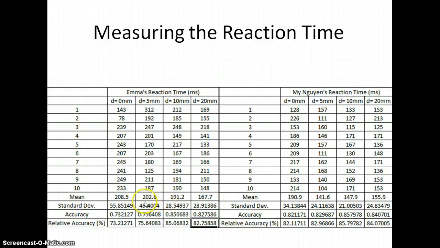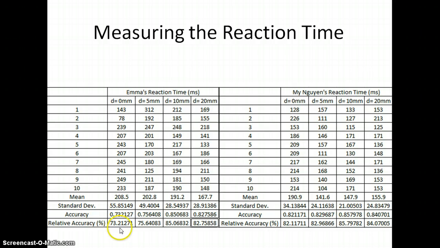This is her reaction time for D equals 5 millimeter. The mean is 202.8, and this one is the average for D equals 10 millimeter. Her average reaction time is 191.2, and for D equals 20, her reaction time is 167.7.